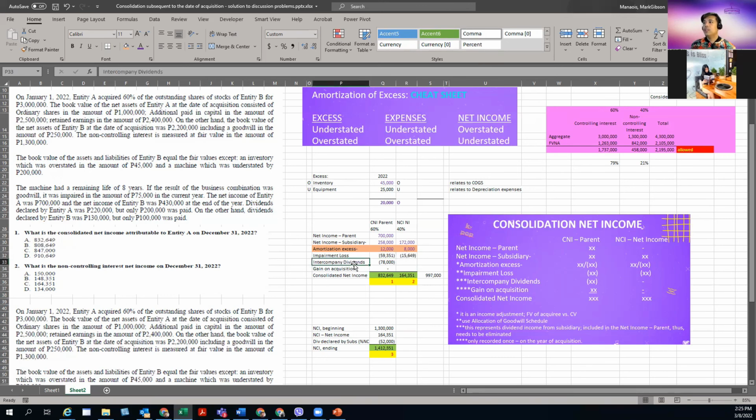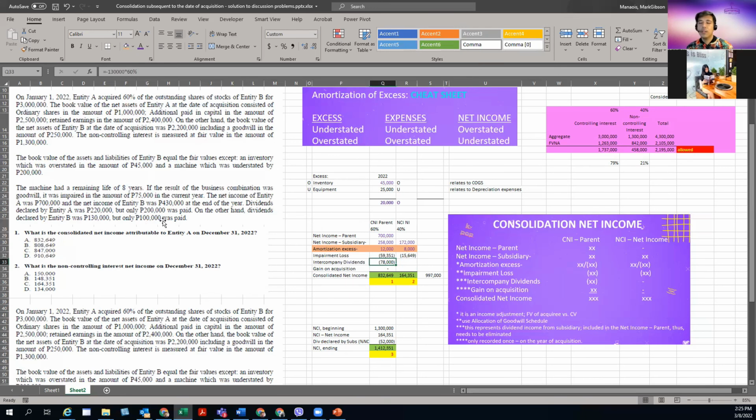Puntahan ngayon natin yung intercompany dividends. Pagdating sa intercompany dividends, it's also given naman. So that's 130,000 declared by entity B. Tandaan, no? So upon dividend declaration, meron na tayong entry, no? So irrelevant na tong payment, no? So that's 78,000 minus, no?